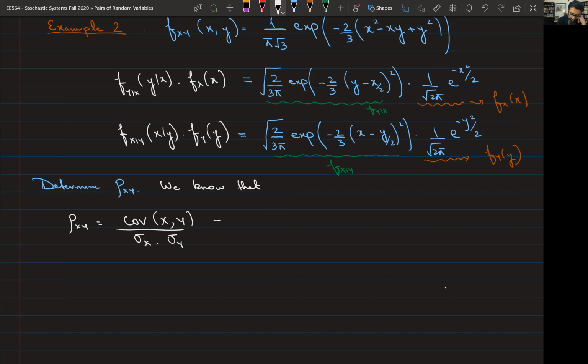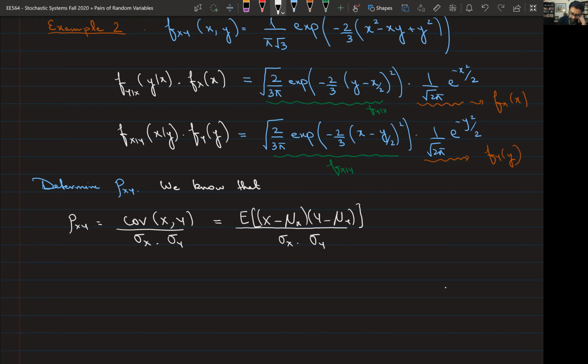Now, what is the covariance of x and y? That's defined as the expected value of (x minus mu x) times (y minus mu y), divided by sigma x times sigma y.